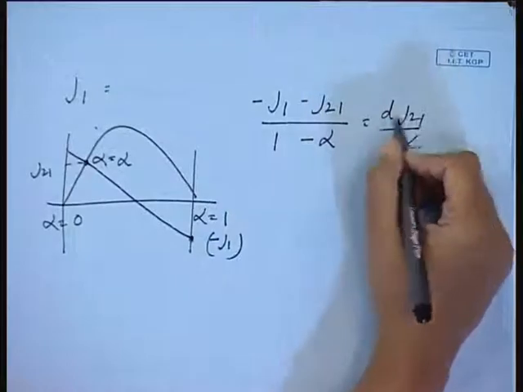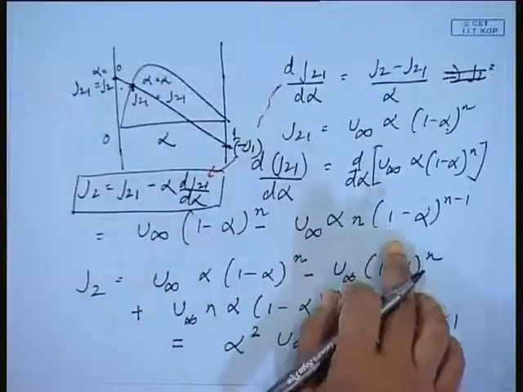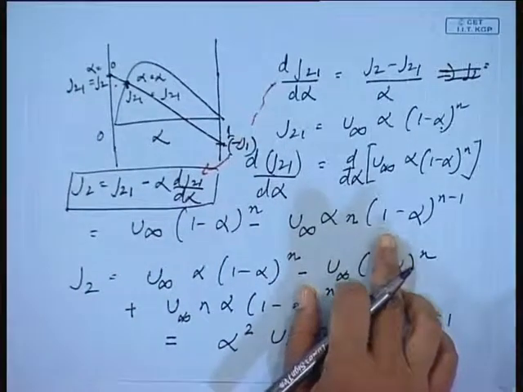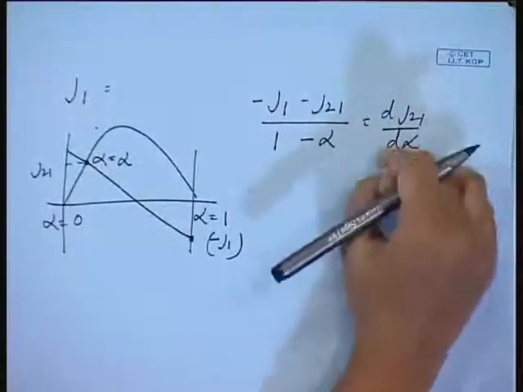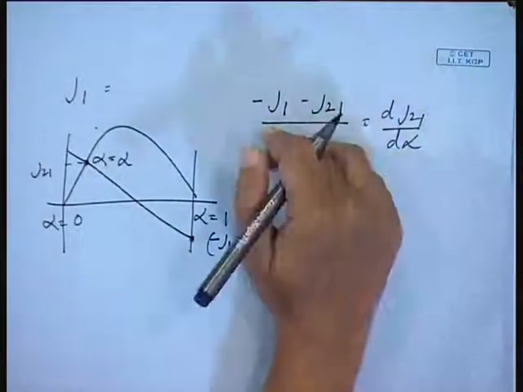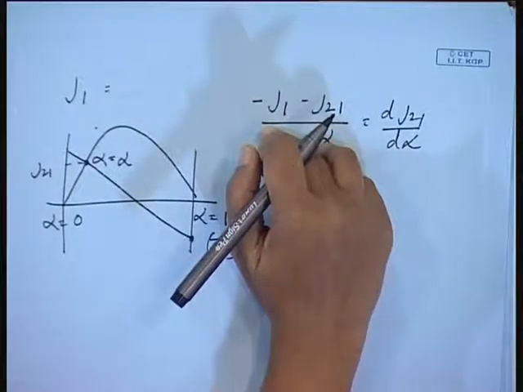Again this dJ21 d alpha can be substituted from this particular equation. Okay. We can substitute this in here, and then accordingly we can find out the J1 under flooding conditions, or we can find out J1 J2 for the corresponding points in the curve.